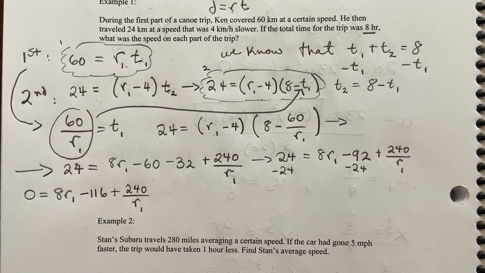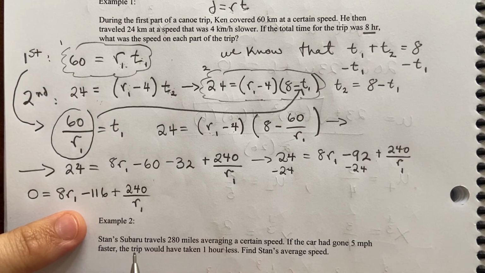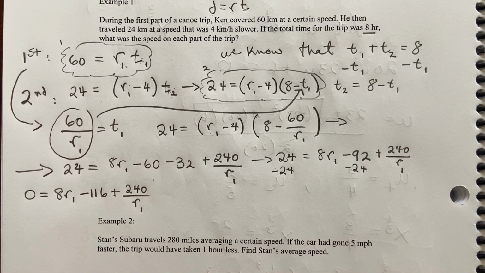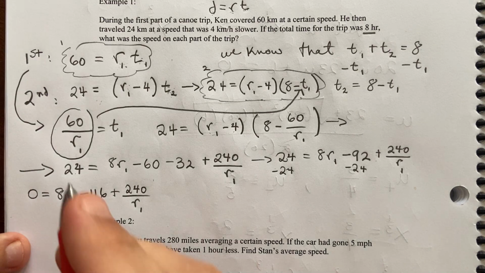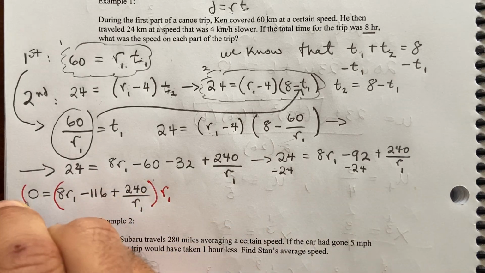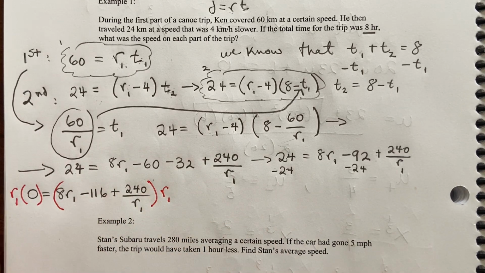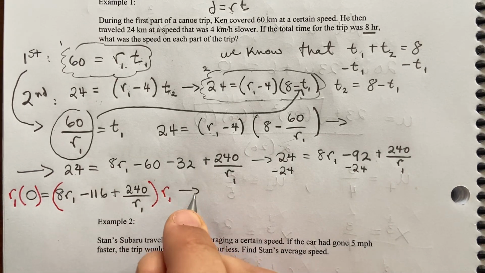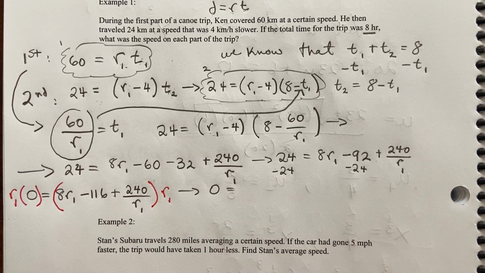I have R1 down in the denominator. So imagine that were x, I'd want to multiply through by x. So I'm going to multiply through by R1. Both sides. So distributing R1, I still have 0 on the left.